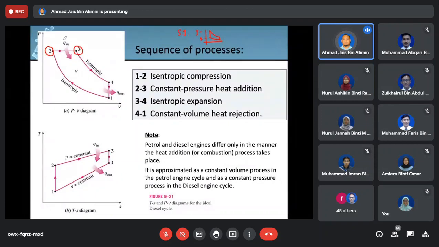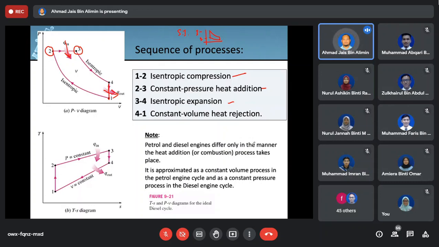So heat addition is happening at constant pressure, and expansion remains the same, and the heat rejection also remains the same. So 1 to 2 is the isentropic compression, and then you have the heat addition at constant pressure, the isentropic expansion, and also the constant volume heat rejection process.